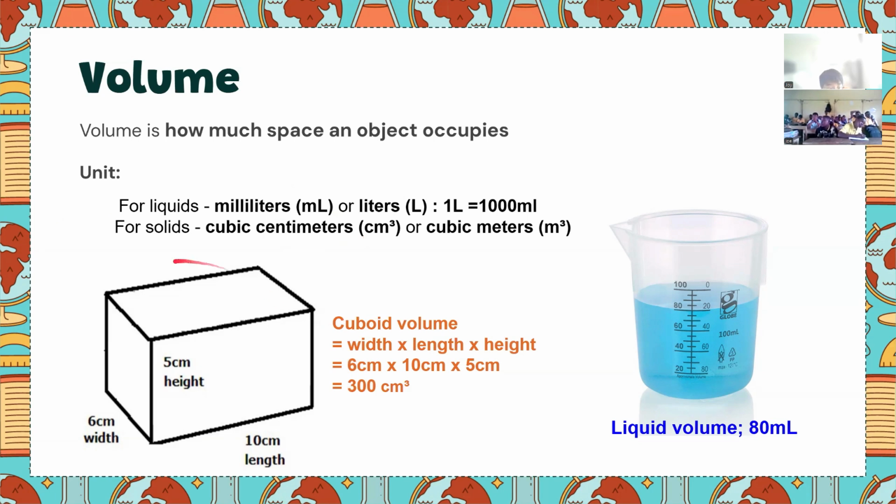Can you find the volume of this box on the left? It's stated here: the cuboid volume is width times length times height. So it's 6 times 10 times 5, which is 300 cubic centimeters, because it's in centimeters.